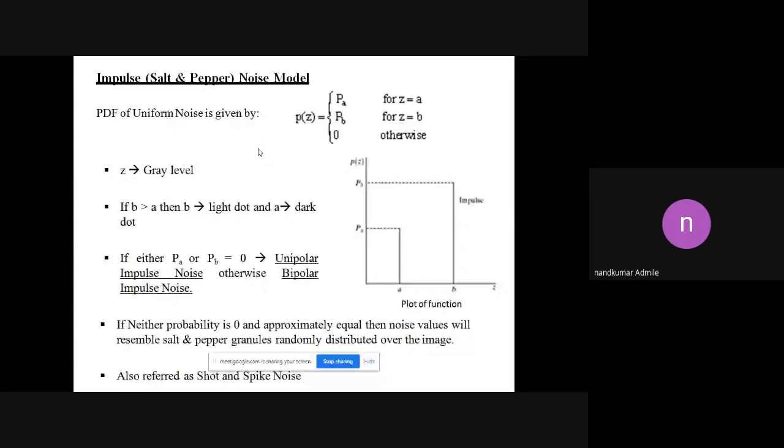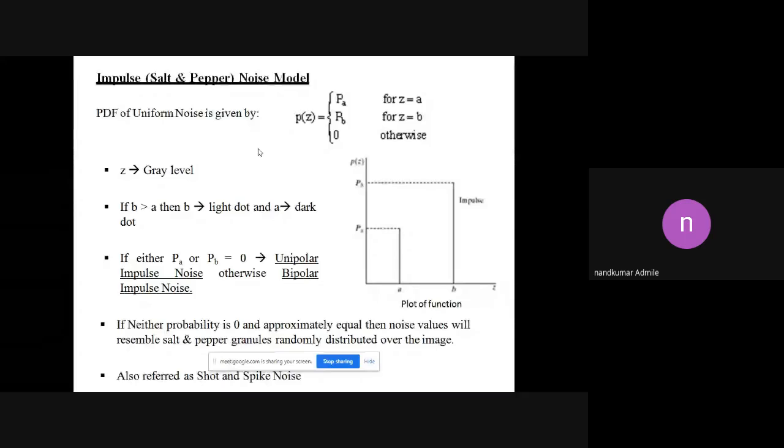If we observe any digital photo, on that photo we can observe small dots. If such small dots are present on a digital photo or on our passport size photo, that is called salt and pepper noise. Have you observed it on any digital photo?